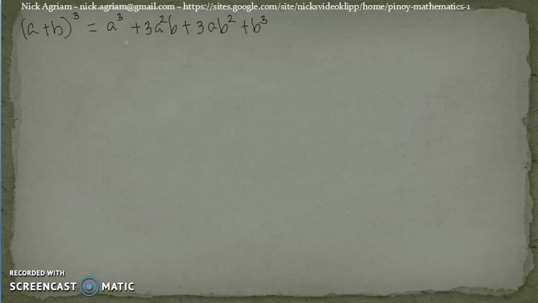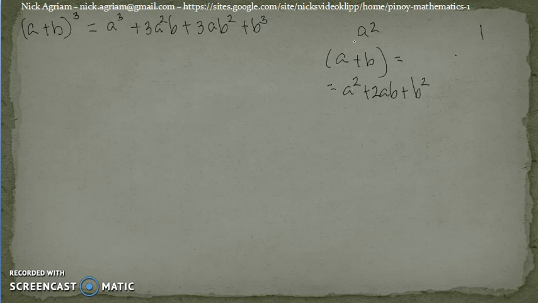As you can see, if we have only a, then that is 1, and then we have (a plus b) squared, which is a squared plus 2ab plus b squared.